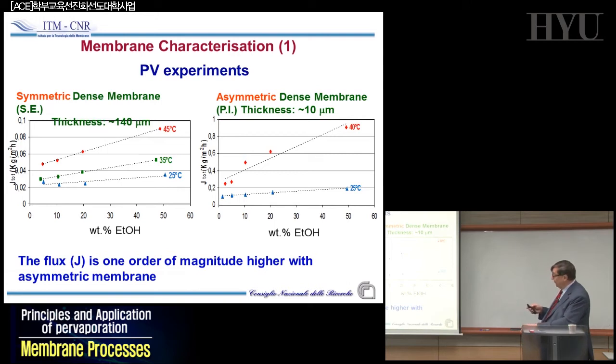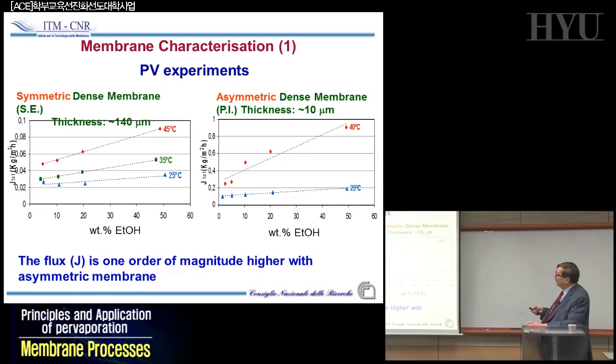What's important, if you do this, you can see here what happened. Look at this kind of experiment. You have the same material, exactly the same story, and you make symmetric dense membranes or asymmetric dense membranes. You can see here that if you have a thickness of 140 microns in your system, and you just plot your transmembrane flux as a function of the concentration of ethanol, you have numbers that in these units are 0.1008.